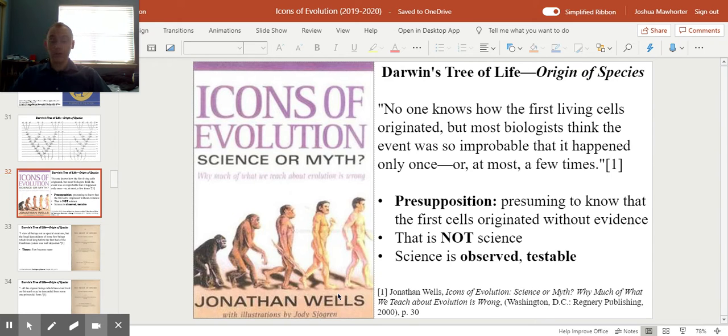Science is observed, it is testable, it is repeatable, it assumes laws of logic, it assumes a world that has stability in it in a general sense, where we can assume that the future in general will be like the present or like the past. A lot of these things come down to basic presuppositions in philosophy.